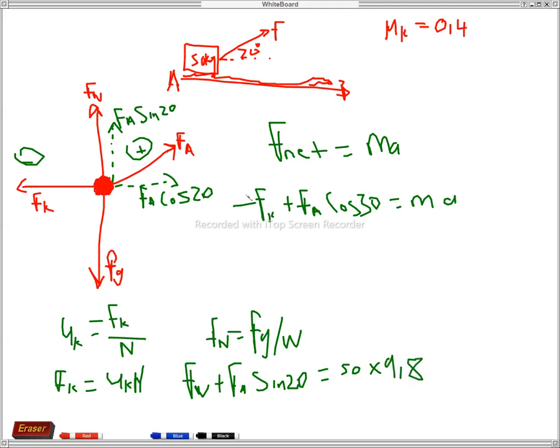I'm just doing the formula for normal force, don't get confused. What I'm going to do is multiply these values here.